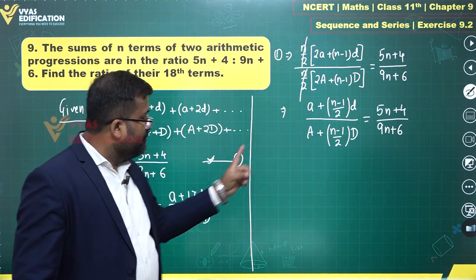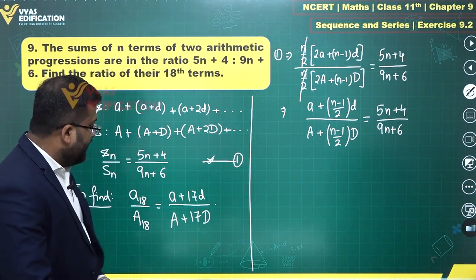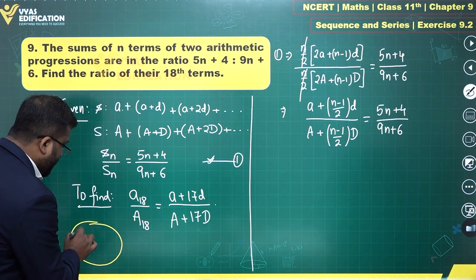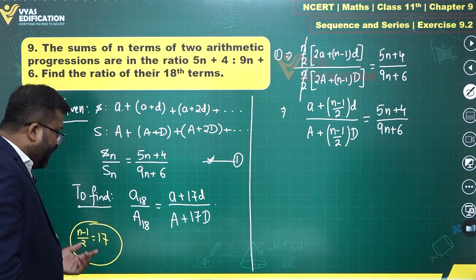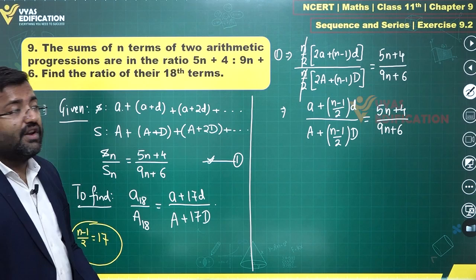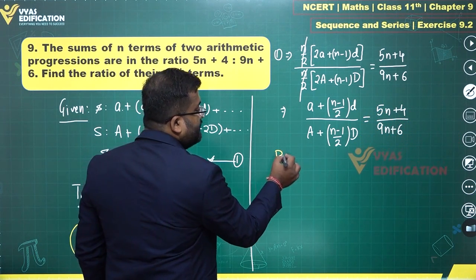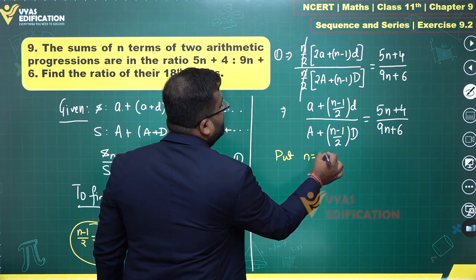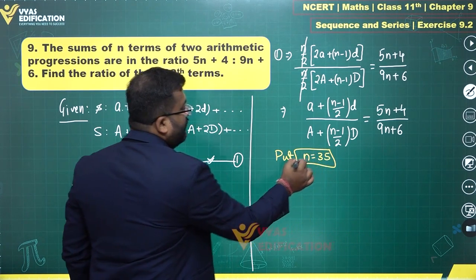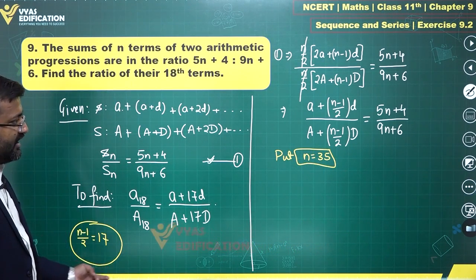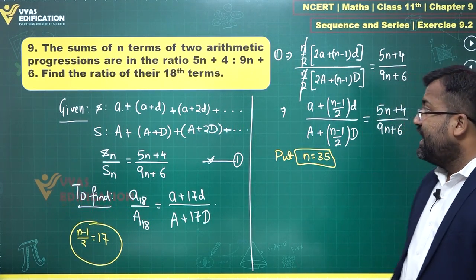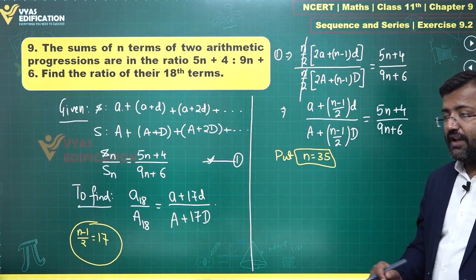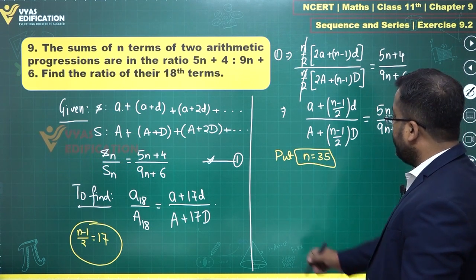That's what we are interested in. So n minus 1 equals 34 and n equals 35. Next you put n equals 35, and mind you, that calculation has been done in the background. Once you do this, what do we get?